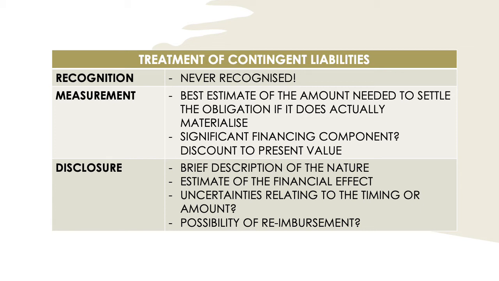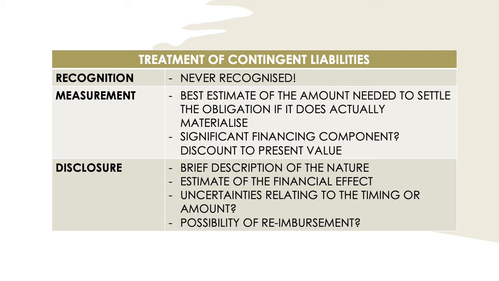Now, because we need to disclose an estimate of the financial effect, that means we need to measure the contingent liability. So when we measure the contingent liability, we need to give the best estimate of the amount that will actually be needed in order to settle the obligation if the obligation does actually materialize.